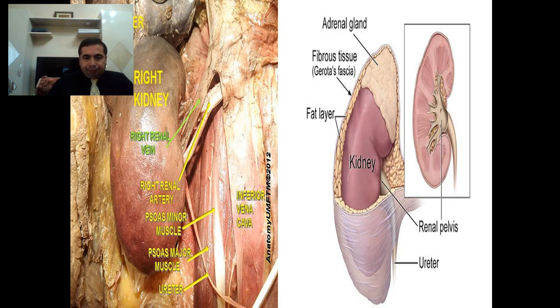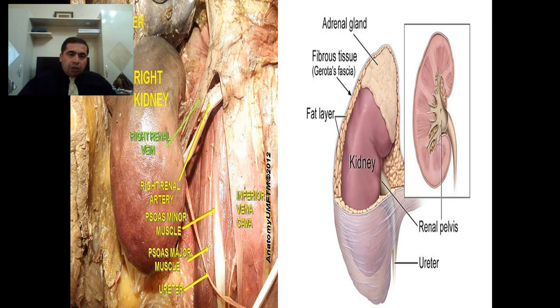Perirenal fat is located between the capsula fibrosa and the renal fascia, between them. But pararenal, para means around, it is located on the renal fascia, and mainly the fat tissue is well developed on the posterior wall of the kidney.